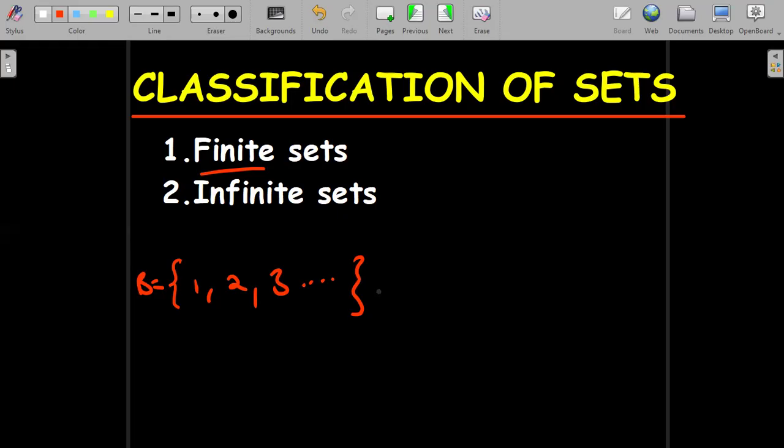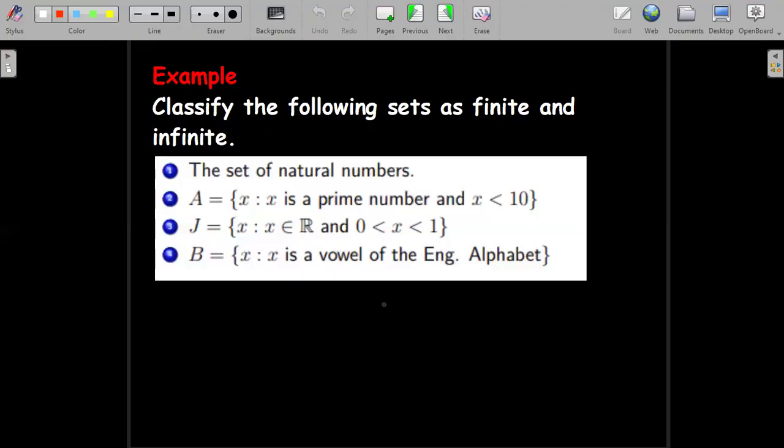Now, we have these 2 questions here. The questions tell us to classify the following sets as finite or infinite. Let's look at the first one. The first one says the set of natural numbers, which can be represented like this, this is the symbol for natural numbers.